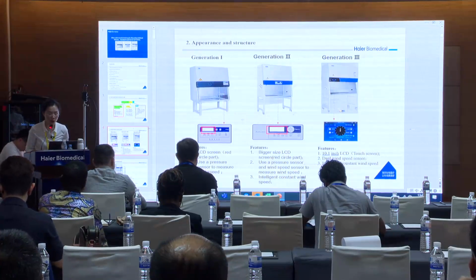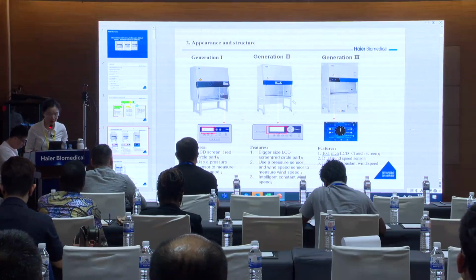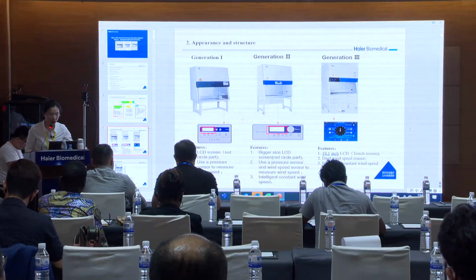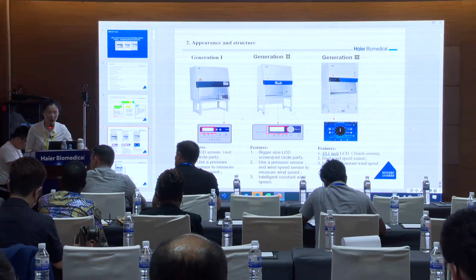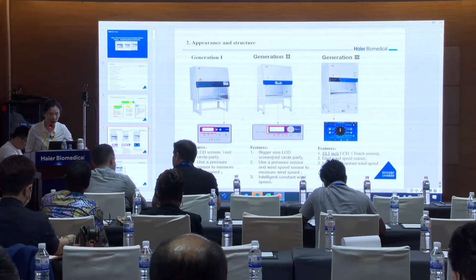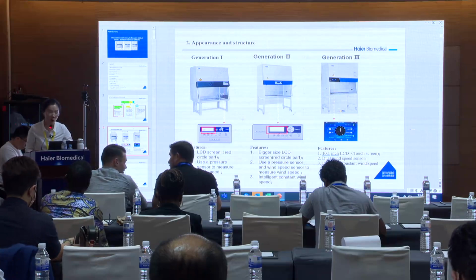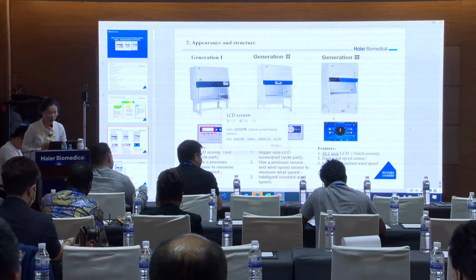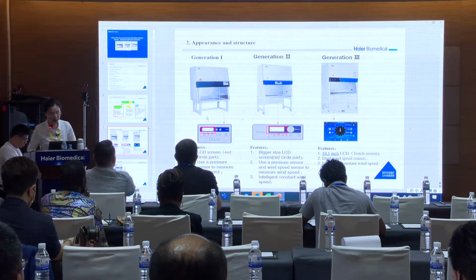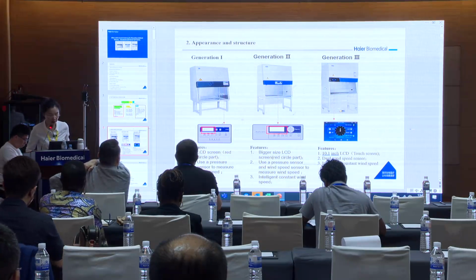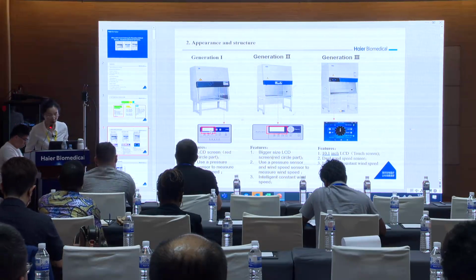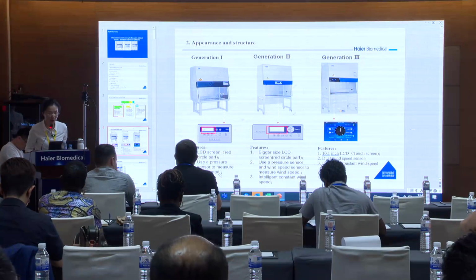This is the appearance structure of our product. This is classic. We normally name it generation 1. It has a digital display, and it uses a pressure sensor to measure the wind speed.